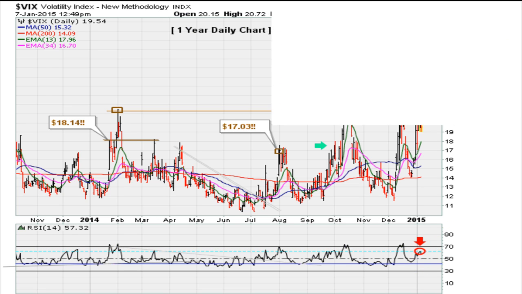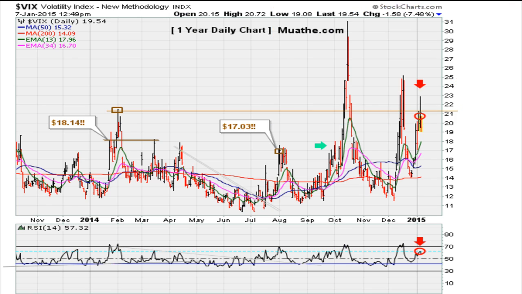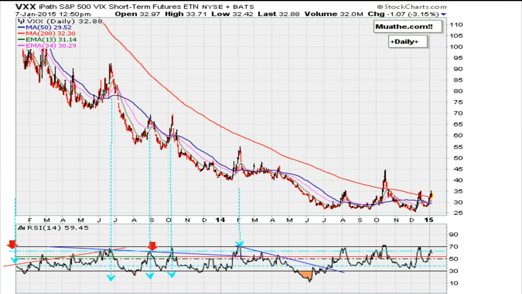In fact, if you take a look at the VIX ETF, or the ETF that tracks the VIX, you can see quite clearly that it's been struggling on this line. And as of right now, this is becoming a sell signal. Recently, there was another sell signal here, on and on. You can do this on all this. All these highs coincided with this line on the RSI showing uniformity resistance.